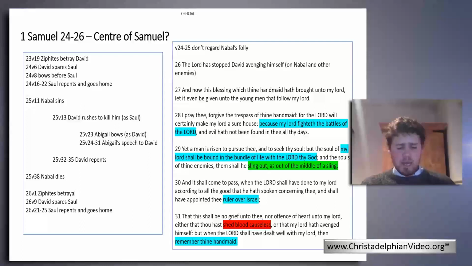The point being that David is going to refuse to kill Saul because of the principle that is there at the beginning of the book within Hannah's prayer. It's God that lifts up and God that brings low. And so David reveals himself again to Saul. Saul repents and he goes home.